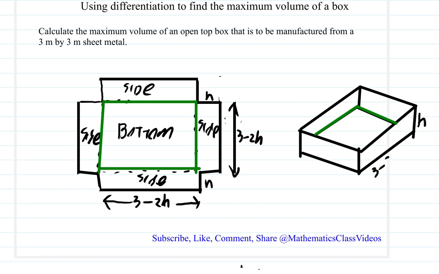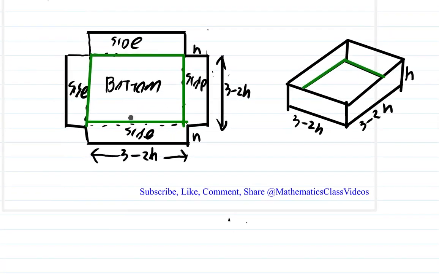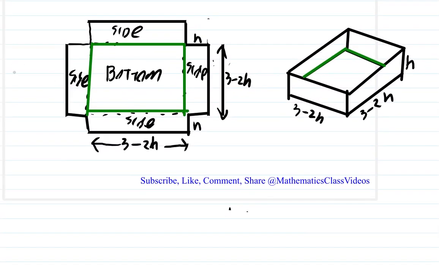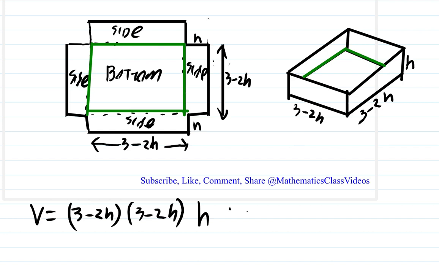This would be 3 minus 2h long, 3 minus 2h wide. So the volume, remember how to calculate the volume of a box now? The volume of the box would be the length, 3 minus 2h, times the width, 3 minus 2h, times the height, h. We're saying length by width by height.